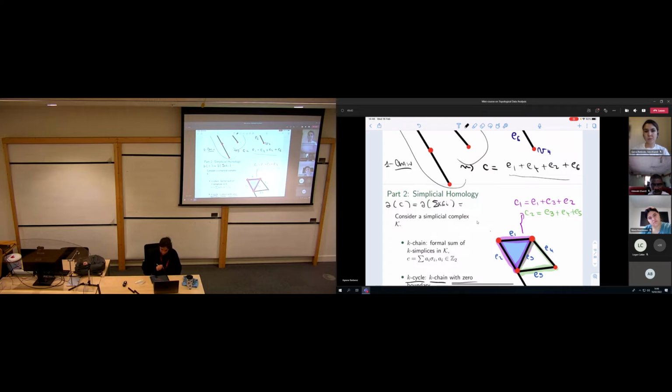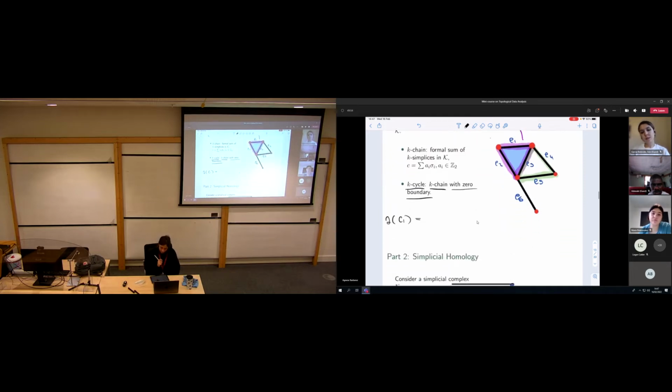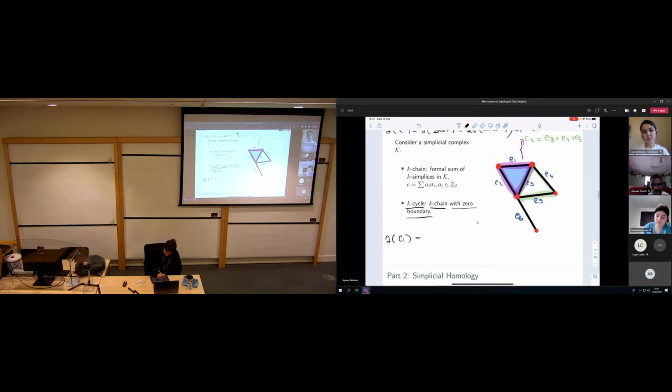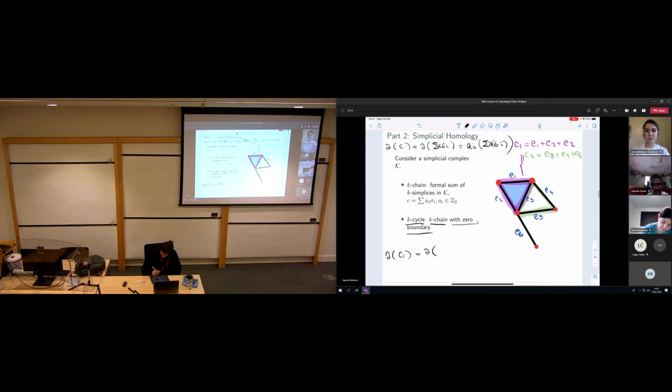if the chain is a sum of simplices, then the boundary of a chain is the sum of the boundaries of the simplices. Okay? So to compute the boundary of C1, this is the boundary of E1 plus E3 plus E2, and this is equal to the boundary of E1 plus the boundary of E2 plus the boundary of E3.